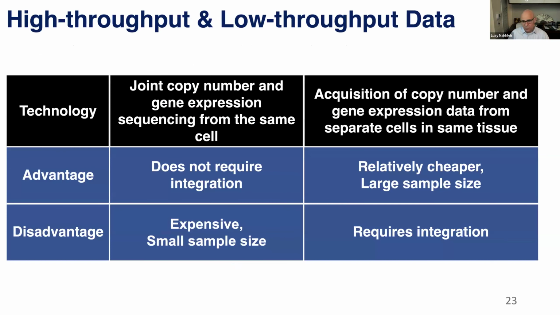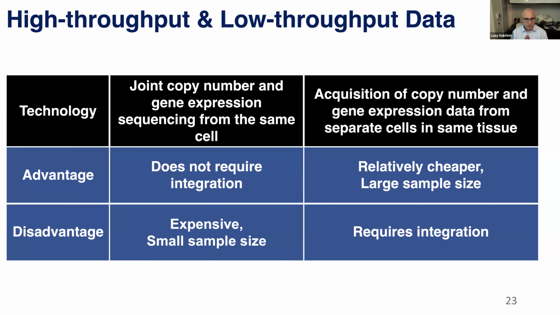So why do we need to do this? It has to do with the technology that's being used. There is high throughput sequencing, and there is low throughput sequencing. There are studies where low throughput sequencing has been applied, and it does not require integration because they are able to obtain the DNA and RNA from the same cells.